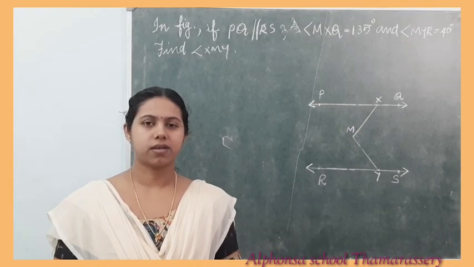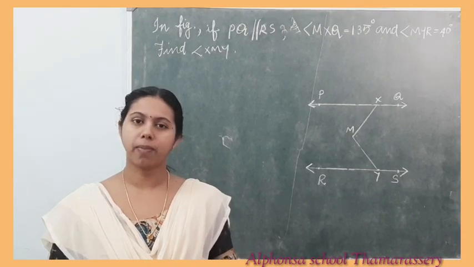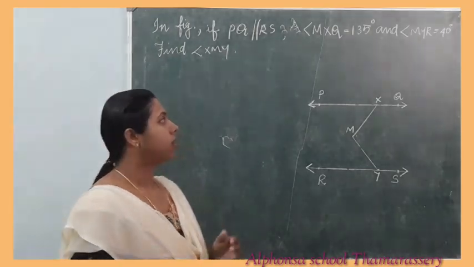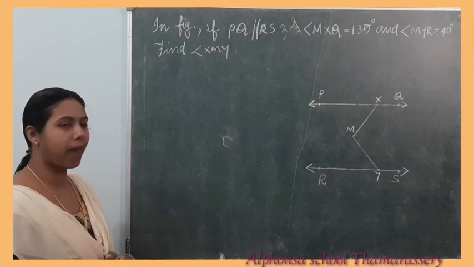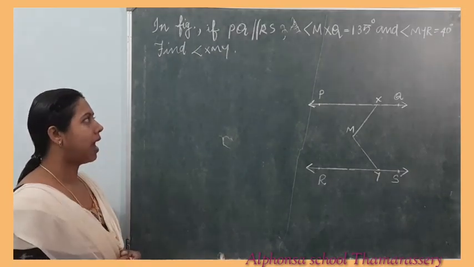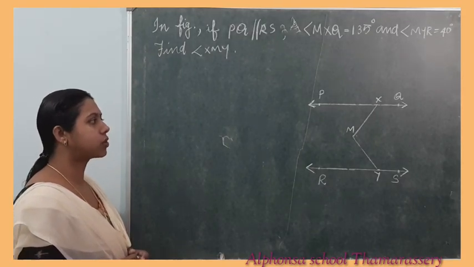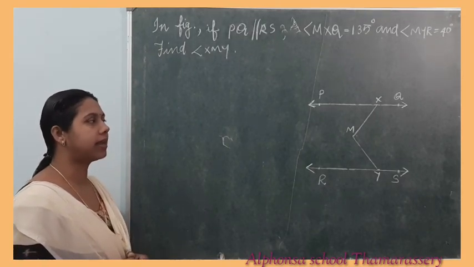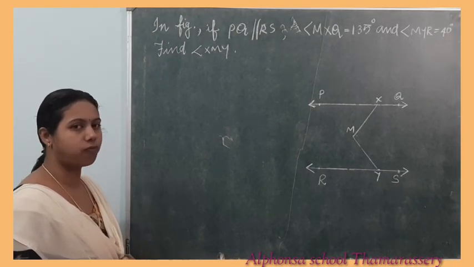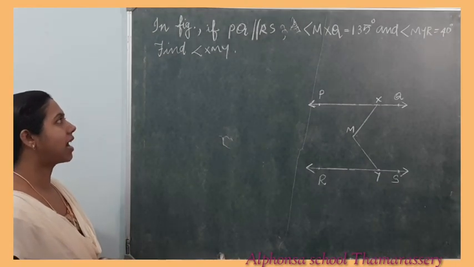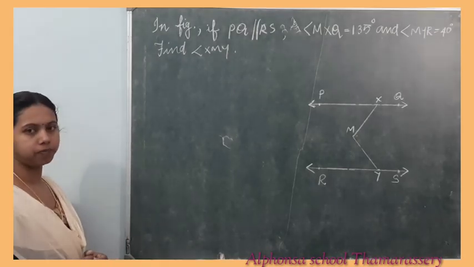Now let us solve some problems related to parallel lines. First question. In the figure, if PQ is parallel to RS, angle MXQ equals 135 degrees and angle MYR equals 40 degrees. Find angle XMY.